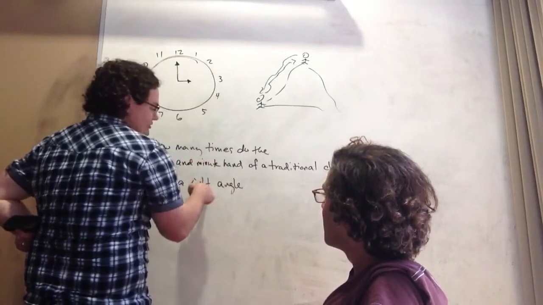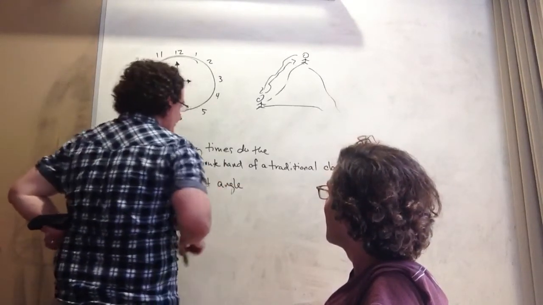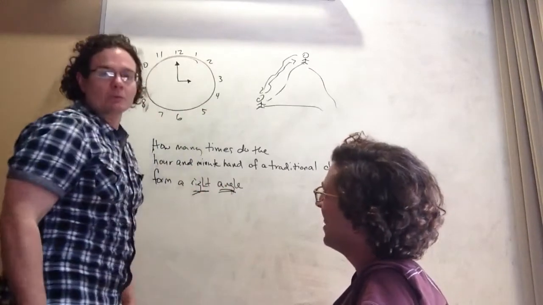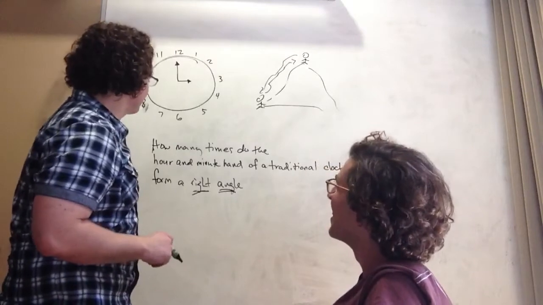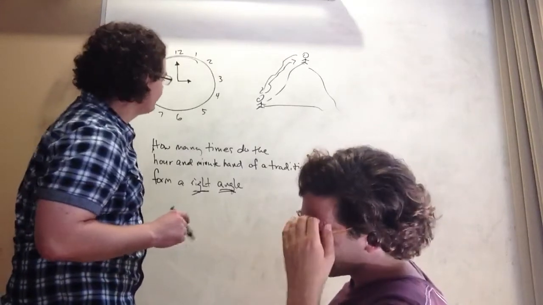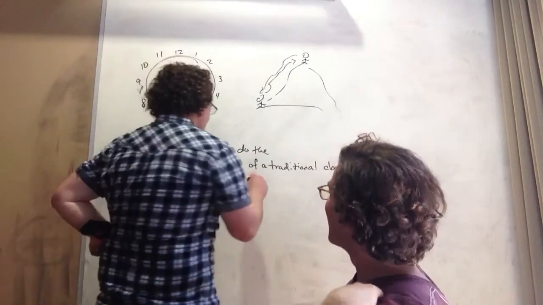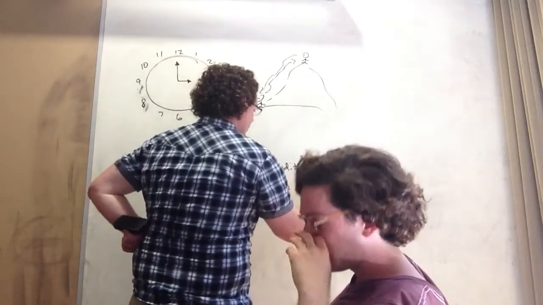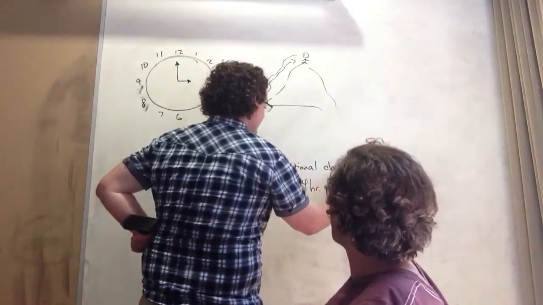And I unintentionally added the marketing device, right angle. There you go. So how many times do the hour and minute hand of a traditional clock form a right angle during a 24-hour period?